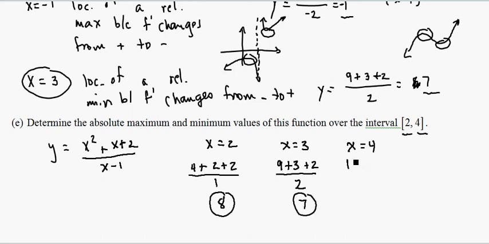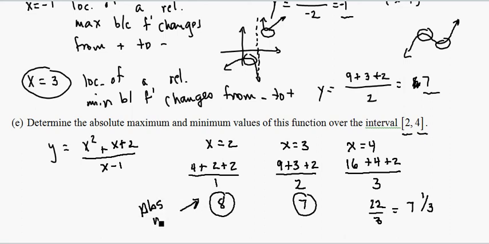And at x equals 4, we'll have 16 plus 4 plus 2, all divided by 3, 22 thirds, which is 7 1/3 for comparison purposes. So here we've got our absolute max, and here we've got our absolute min.